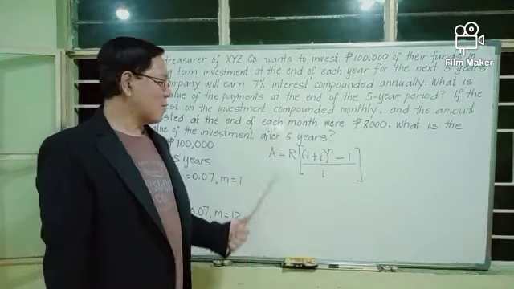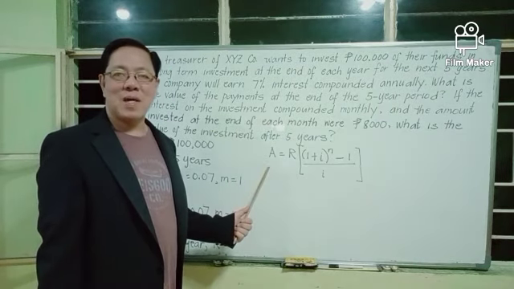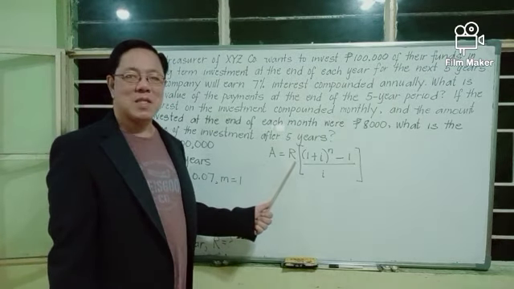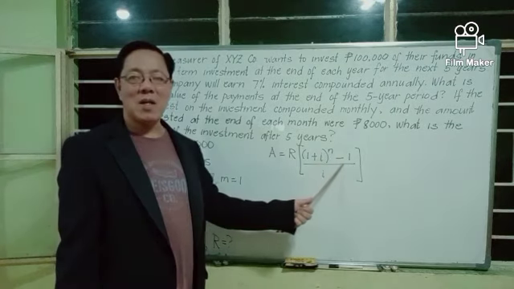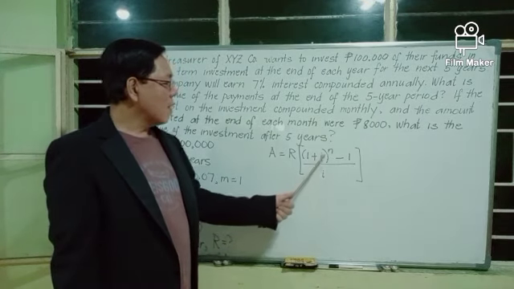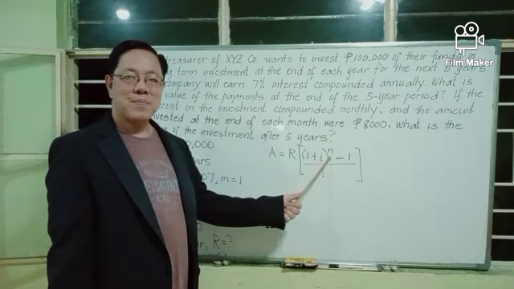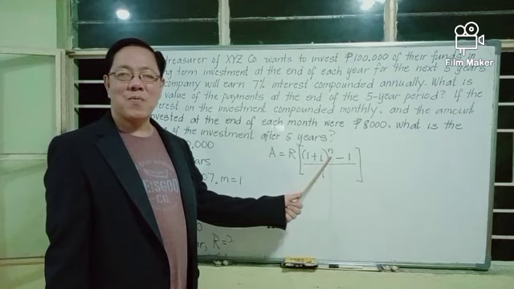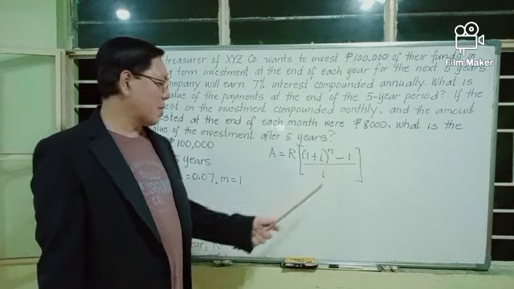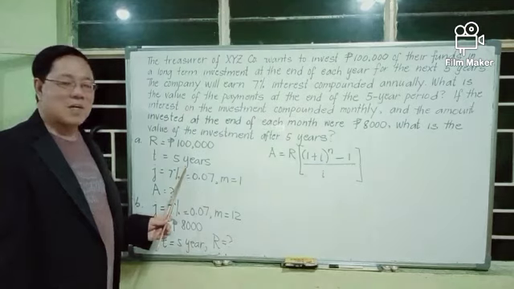The accumulated value is given by A equals R times the quantity 1 plus i to the power n minus 1, divided by i, where n here is the number of regular payments to be made over a period of 5 years.